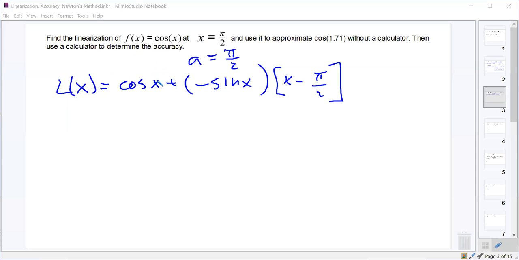I have a bad habit of just writing x's here, just because I'm so used to writing x's here. But those should be a's.